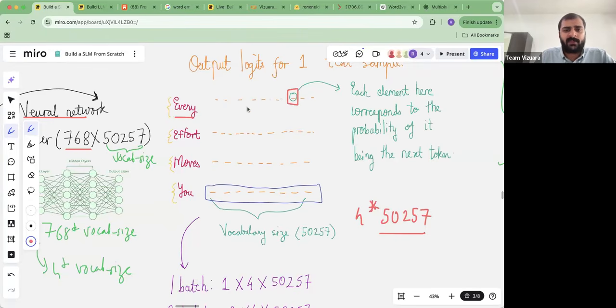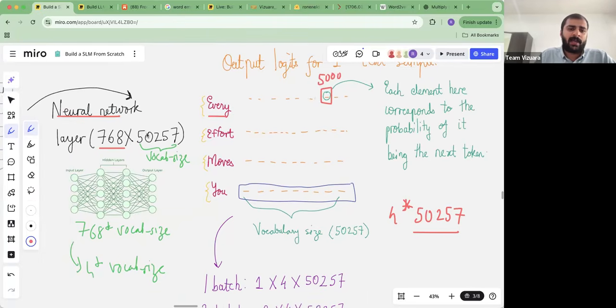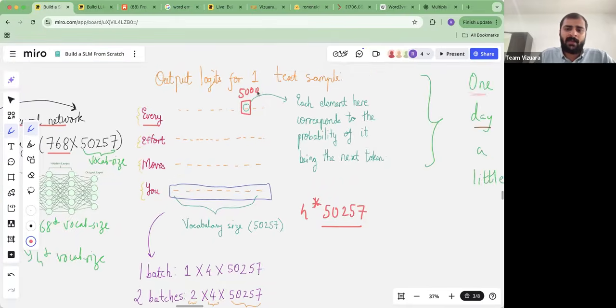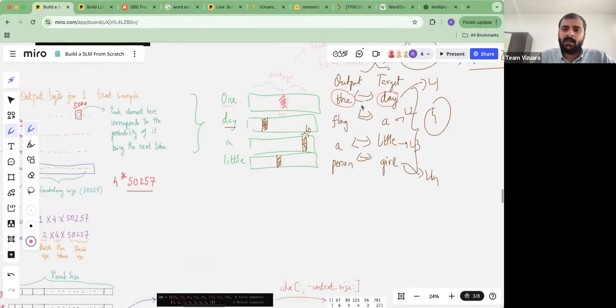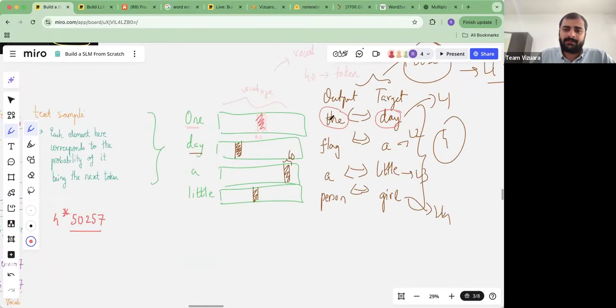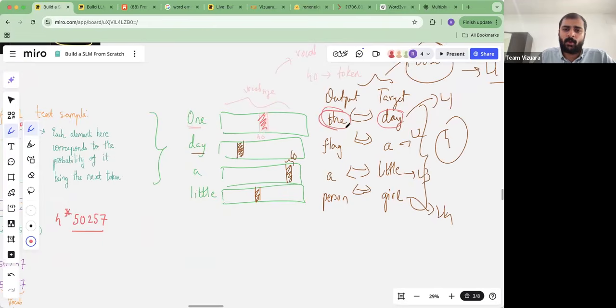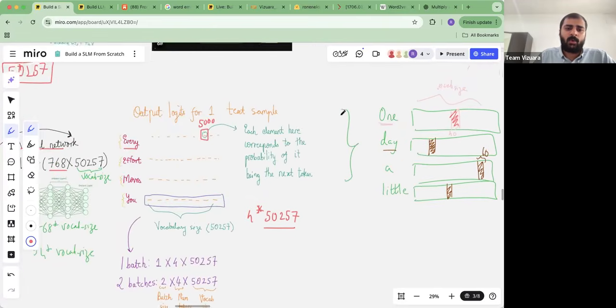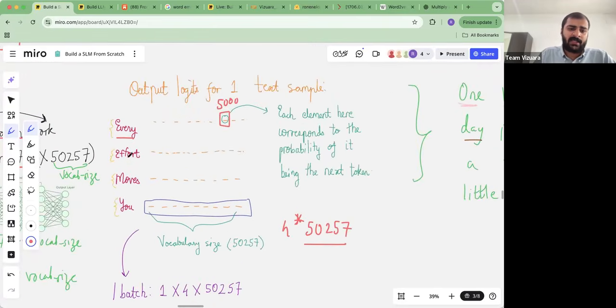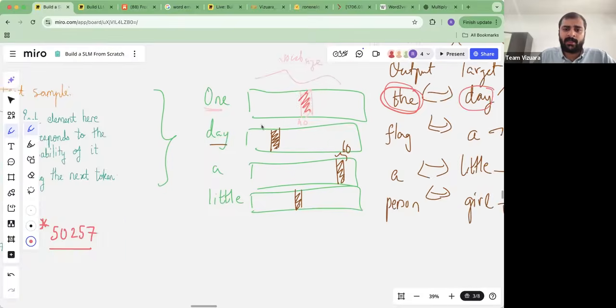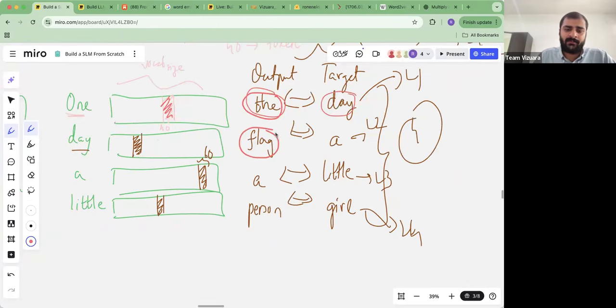So if we look at the first row and the token ID number 5000 is the maximum probability, we go to our vocabulary, and we look for the token which is named 5000. So that gives me the output. So let's say the output, that token is "the". Then I look at my second token, which is "effort". I look at that index, which has the maximum probability. I again go to my vocabulary and decode that index. Let's say that output is "flag".